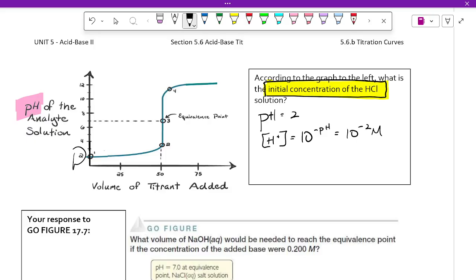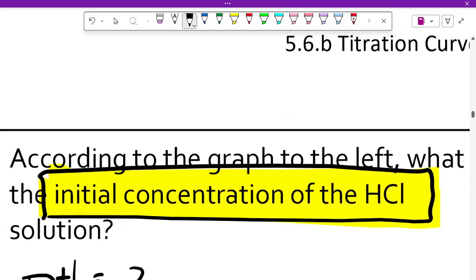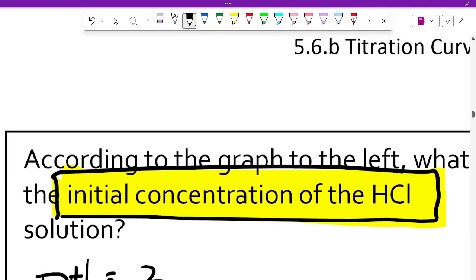Okay. And that's where most people stopped. What should you do to finish the question?